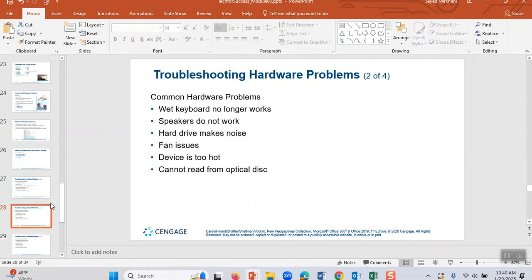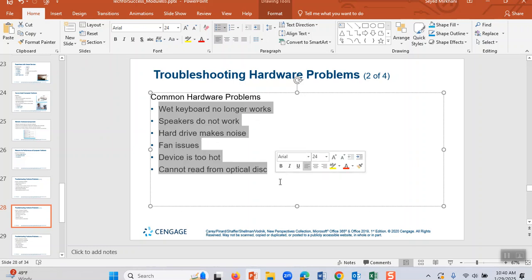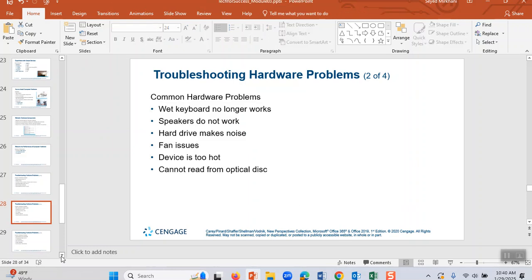And there are different issues that might happen to your computer. A keyboard might not be working, a speaker might not be working, a fan. One issue is that if you run into these problems, I strongly recommend just go to ChatGPT and explain what the problem is, and hopefully you can find an answer there.